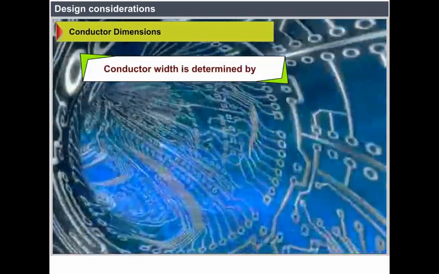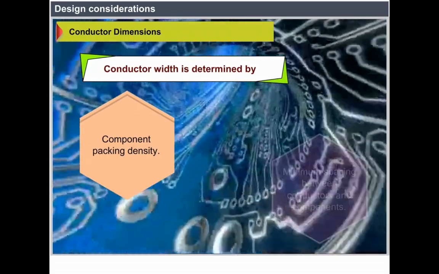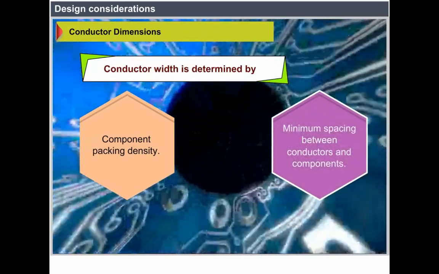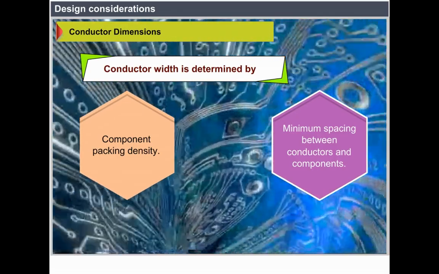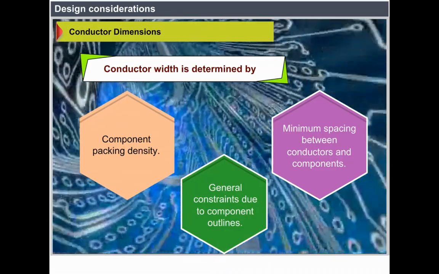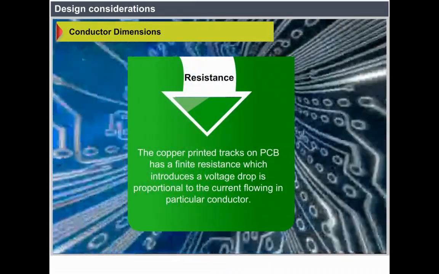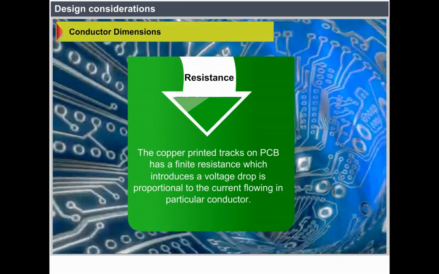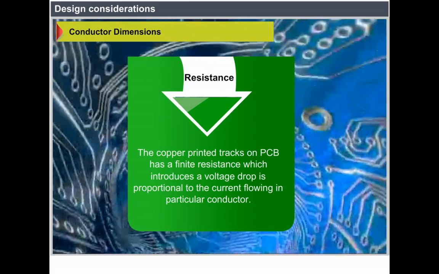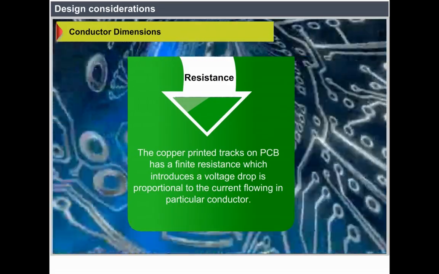Conductor width is determined by component packing density, minimum spacing between conductors and components, and general constraints due to component outlines. Resistance. The copper printed tracks on a PCB have a finite resistance which introduces a voltage drop proportional to the current flowing in the particular conductor.